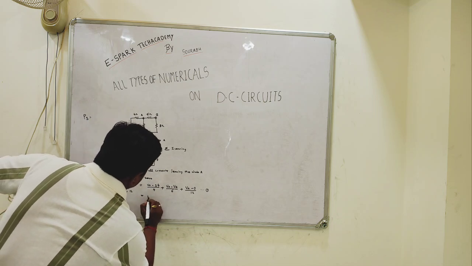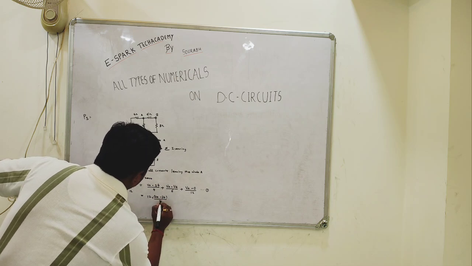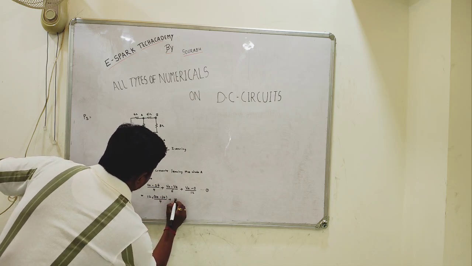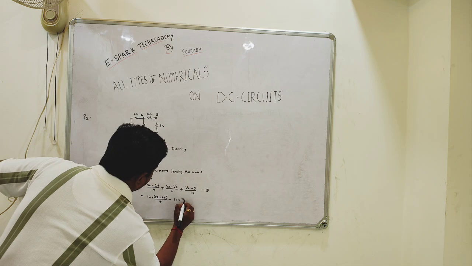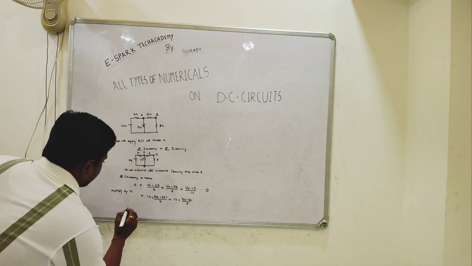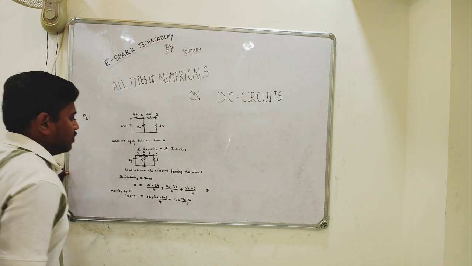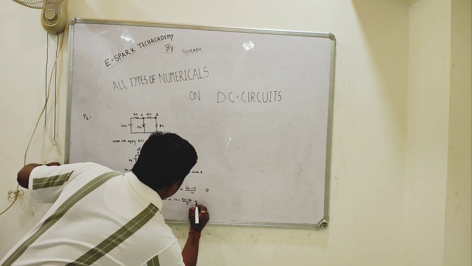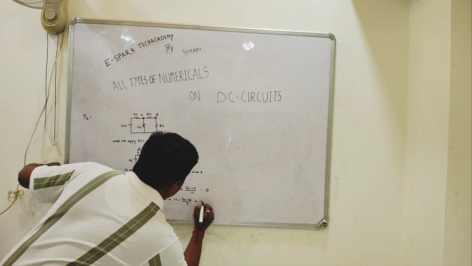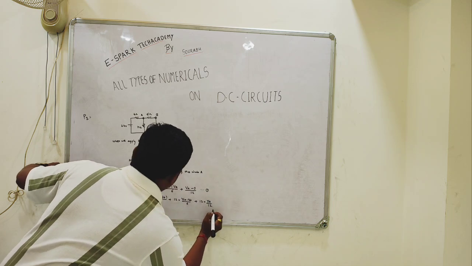Just what I will do is 12 into VA minus 24 divided by 4 plus 12 into VA minus VB divided by 6. Here also we are multiplying 0 into 12 plus 12 into VA upon 12.